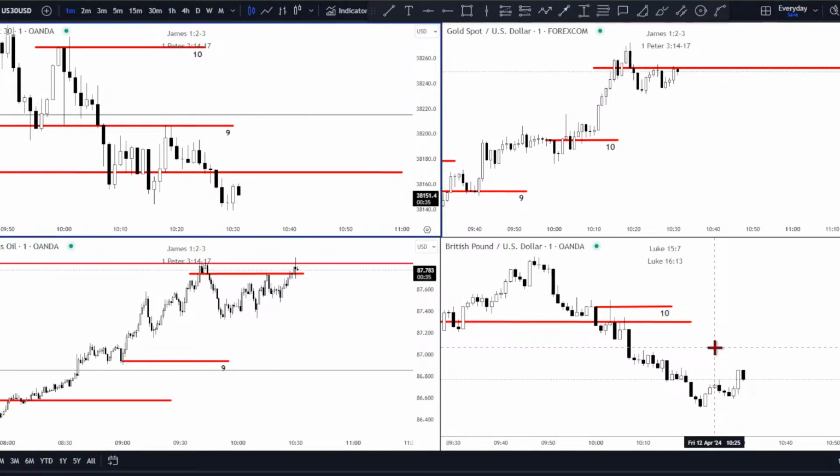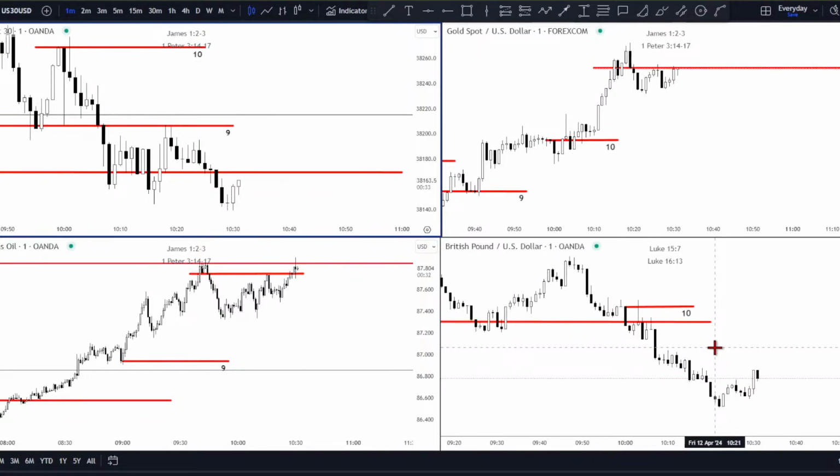There's also not been a break in structure to the downside on silver. We're still making higher highs and higher lows even on the 1 minute chart.